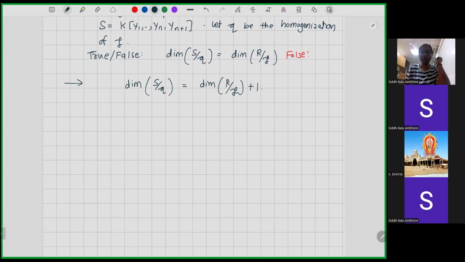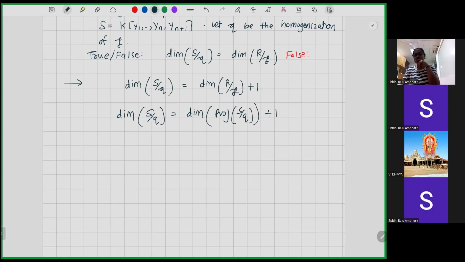Okay, and what we are going to do is relate these two terms, and then we can conclude this.